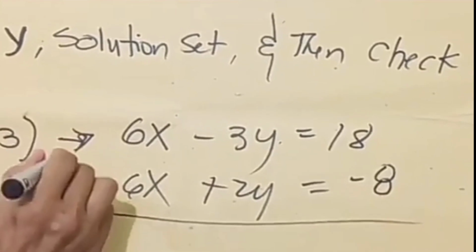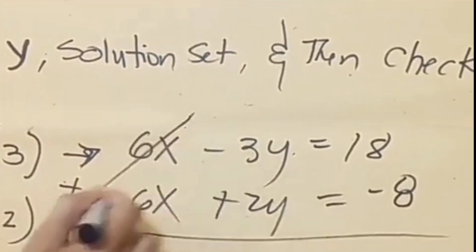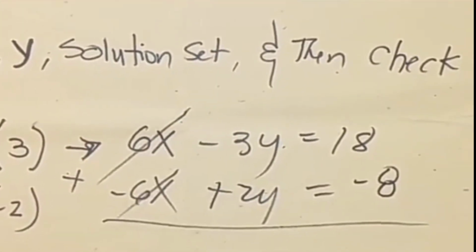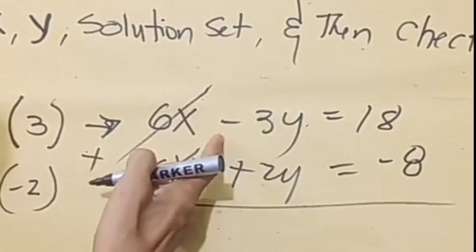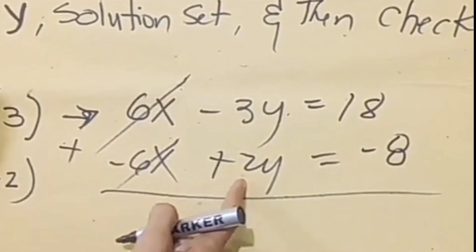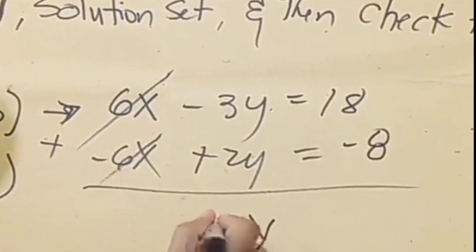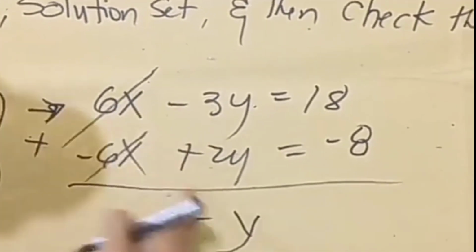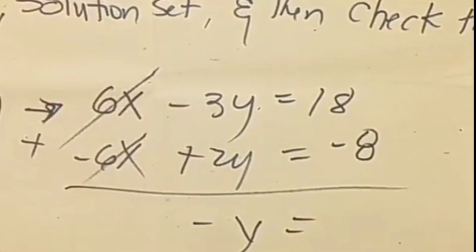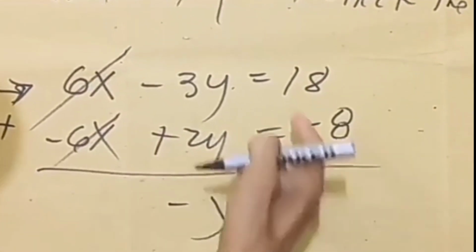Okay, then we're going to add. The purpose is to eliminate the variable x. And for negative 3y and positive 2y, we have to subtract. So the answer is y... negative, because the negative is larger here. Disregard the sign.